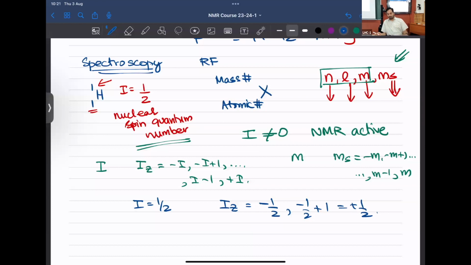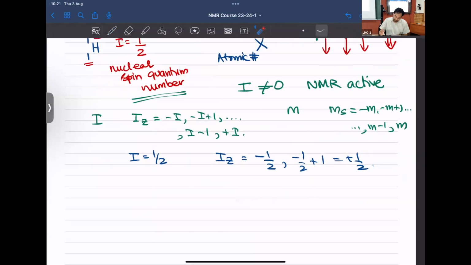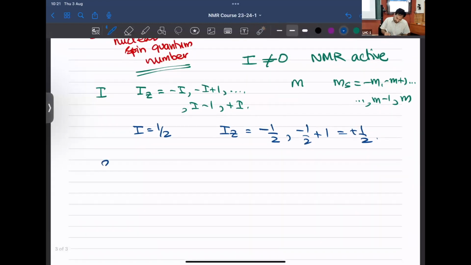Make sense? Okay, we started with trying to understand what is the role of the atomic number and mass number to predict whether an element in the periodic table is NMR active or not, correct? Yeah. So let me take another example. Let's take the next isotope of hydrogen, which is deuterium, right? And here, if you're able to see, you have an even mass number and an odd atomic number.